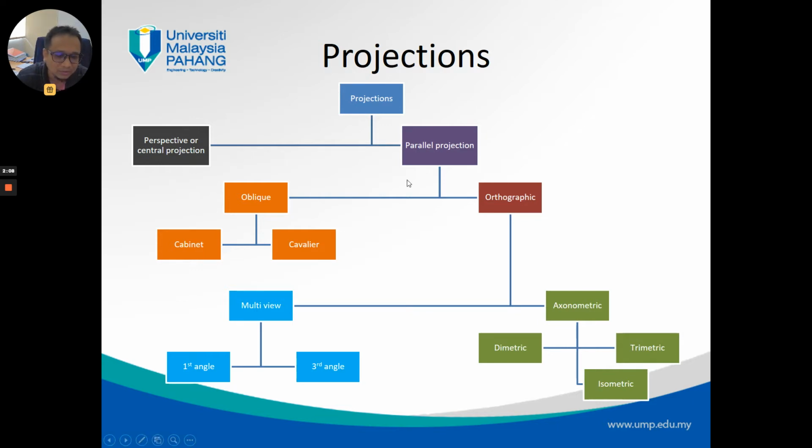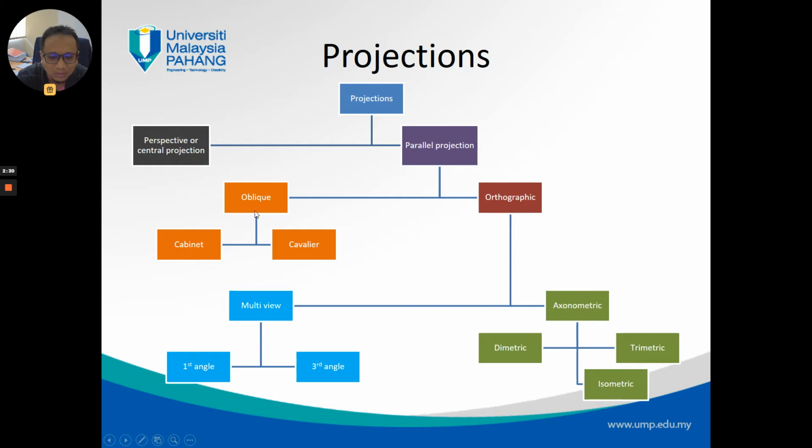The parallel projection, however, consists of two types. The first one is the orthographic projection. The orthographic projection projects three views, but in this class we focus on multi-views, which is the first angle view and the third angle view. There are second angle and fourth angle views, but we don't consider those in this class.